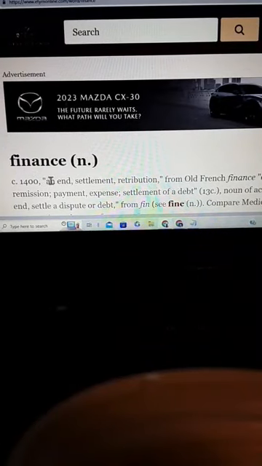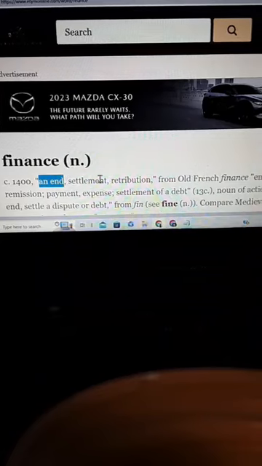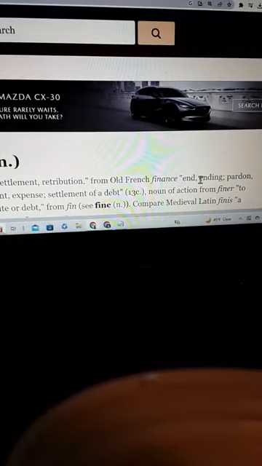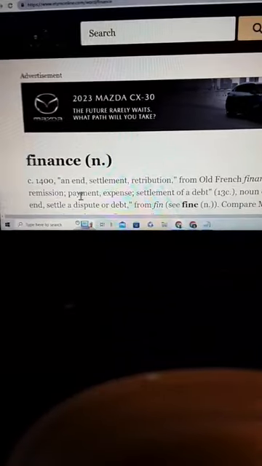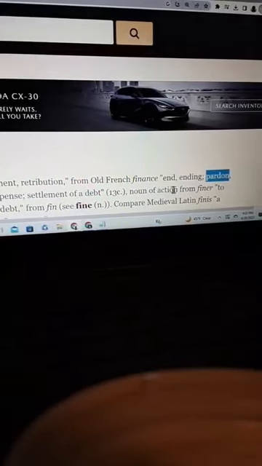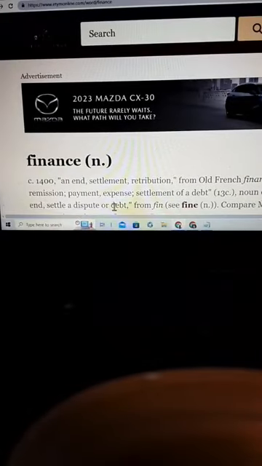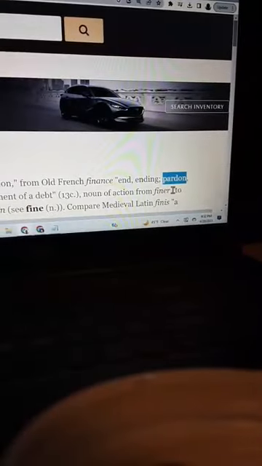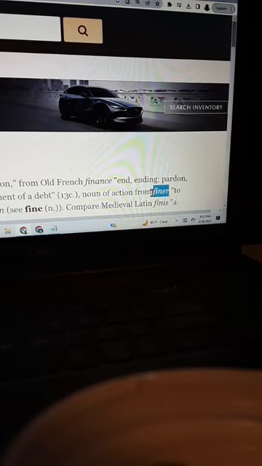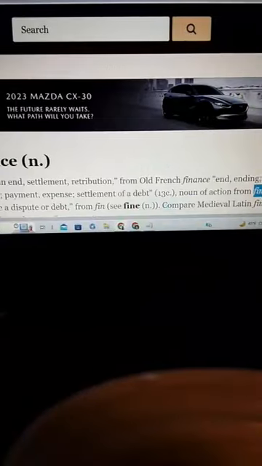Either way, they're both going to say an end, settlement, retribution. From Old French finance, end, ending, pardon, remission, payment, expense, settlement of a debt. Noun of action from finer, to end, settle a dispute or debt. So finer is the one that's doing the fining, which means it's a finance or a financial incident.